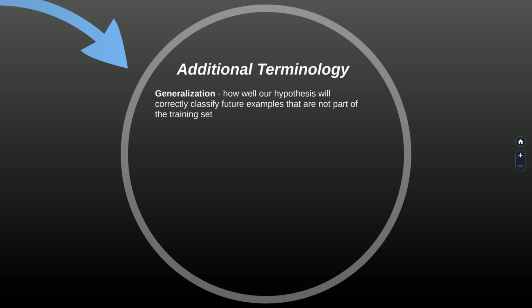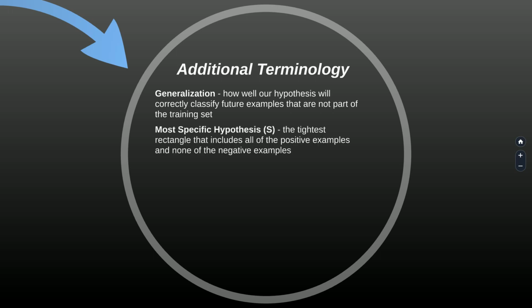So generalization is going to be talking about how well it can do on additional data that wasn't a part of the training set. Sometimes you can train algorithms that will learn the training set very well, but they'll actually overfit the data and won't generalize to new inputs.